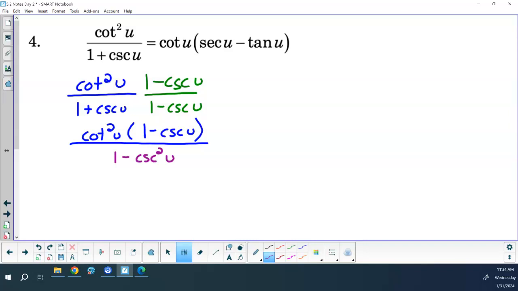But what is 1 minus cosecant squared? Which one are we looking at? Number 10. I want 1 minus cosecant squared, so negative cotangent squared.